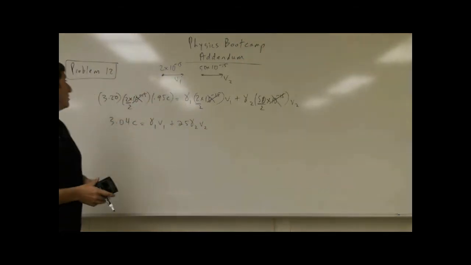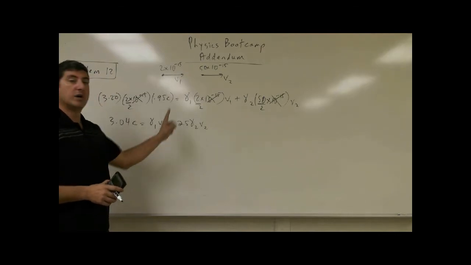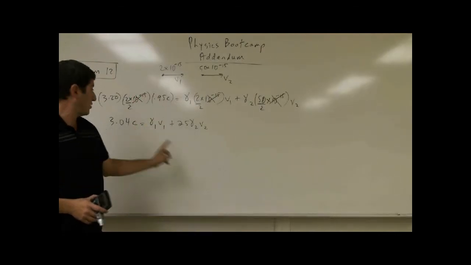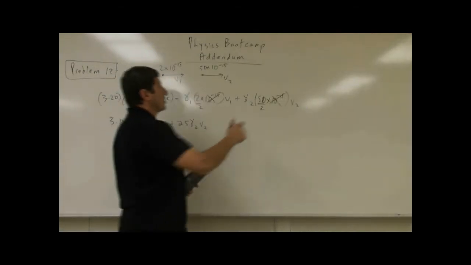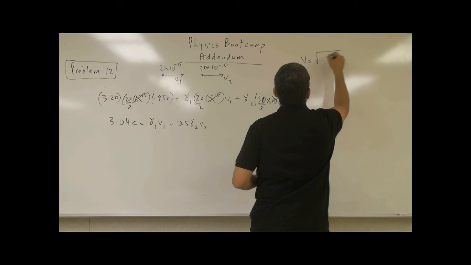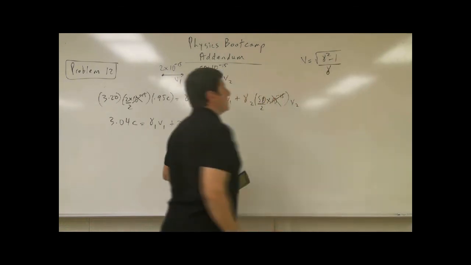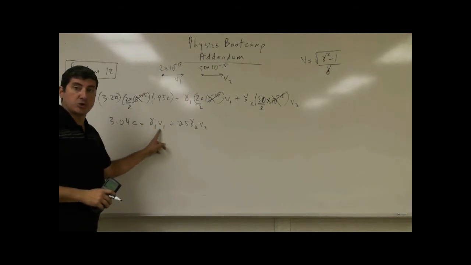Now remember, in problem 11, we derived the relationship between v and gamma, and we said we might be able to use this once in a while. Whenever we have two expressions, we don't want to have both of them. And the expression was v equals square root of gamma squared minus 1 over gamma. Right? So this is a good opportunity to substitute that.